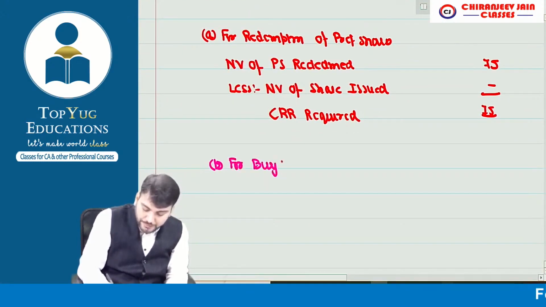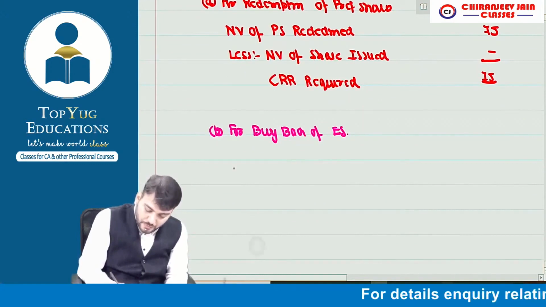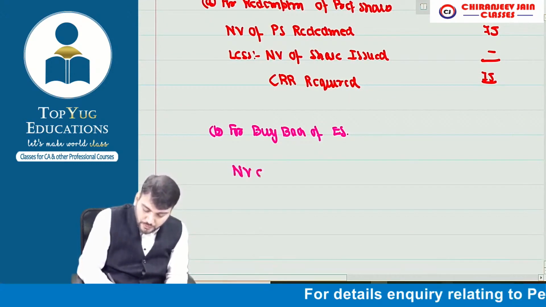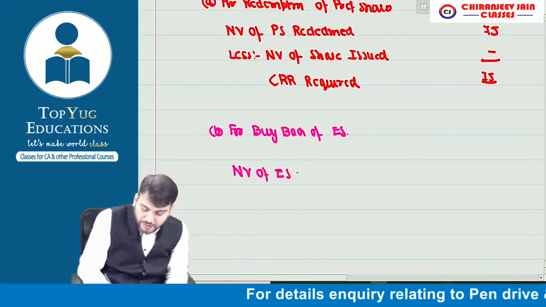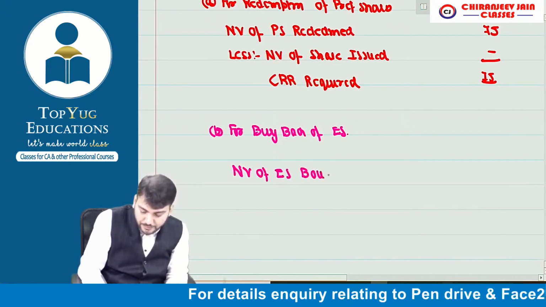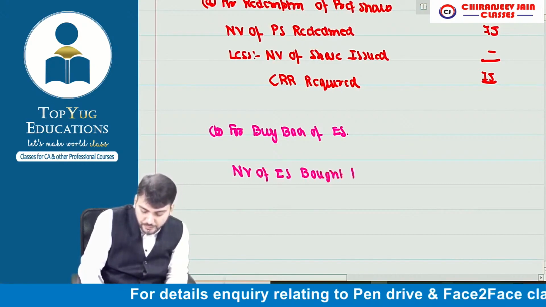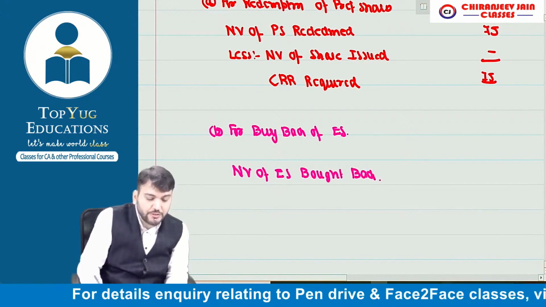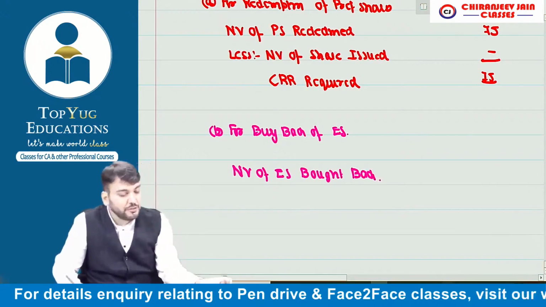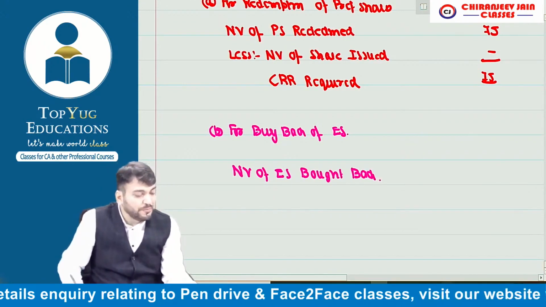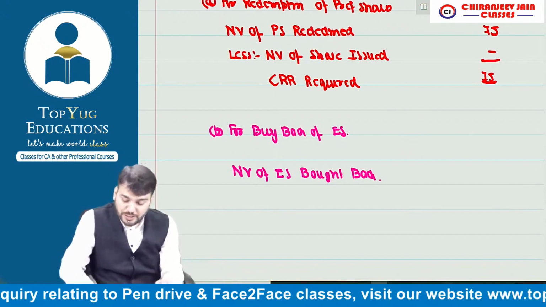for buyback of equity shares. What is the nominal value of equity shares bought back? How many equity shares have we repurchased? It says the company also bought back 50 lakh equity shares of rupees 10 each.